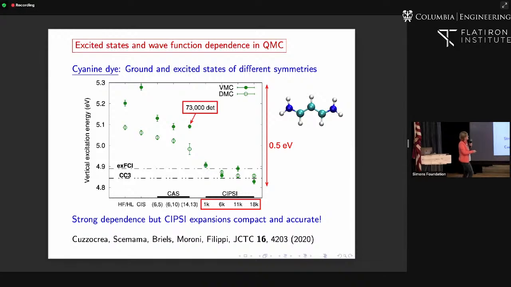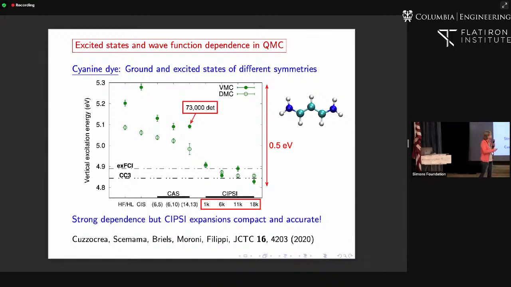Here we start to use complete active spaces. We include the pi orbitals, some pi sigma, more pi and sigma. And you know, the VMC does start to go down, but I need to truncate. I'm already at 73,000 determinants. Diffusion Monte Carlo always helps, but okay, it's very slow, okay? And what I'm showing here instead is using this automatic selection, which will explore very quickly a larger space.